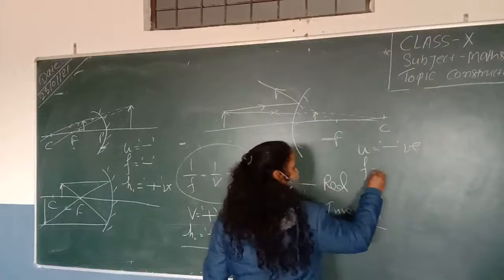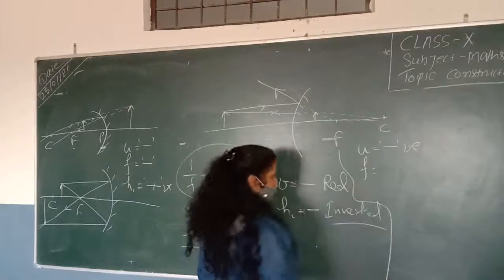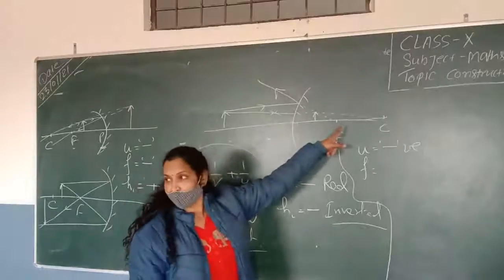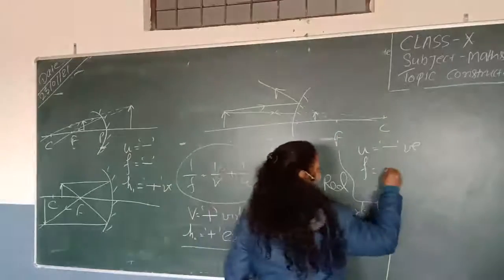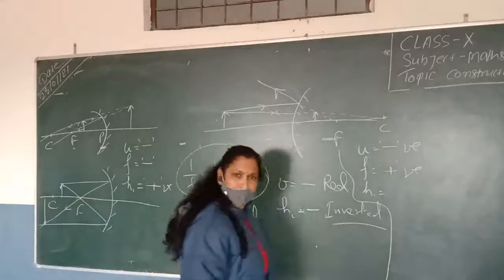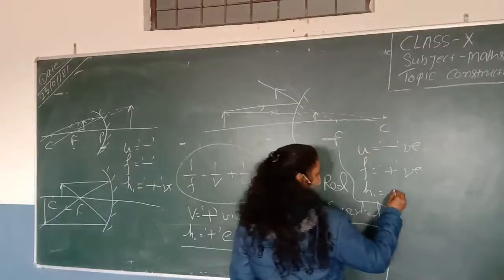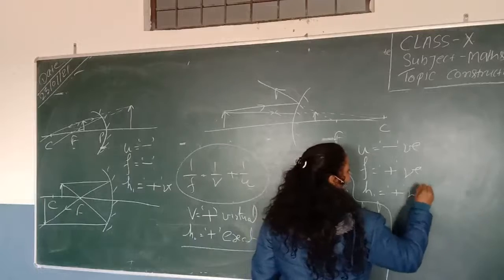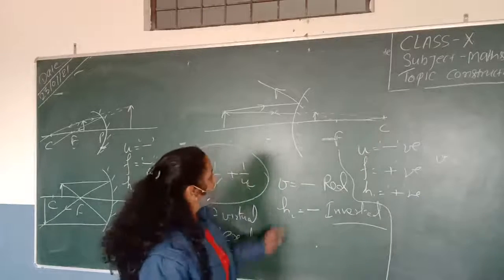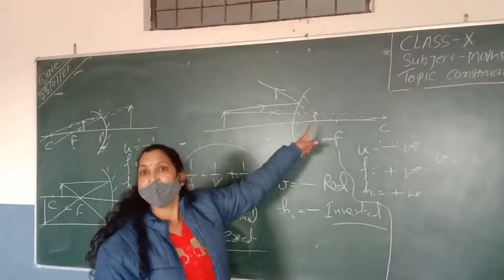What about the F? F is positive. Since we are measuring the focal length towards this side, it is positive. What about the H1? Positive, because the object is always erect. What about the V? V is positive.